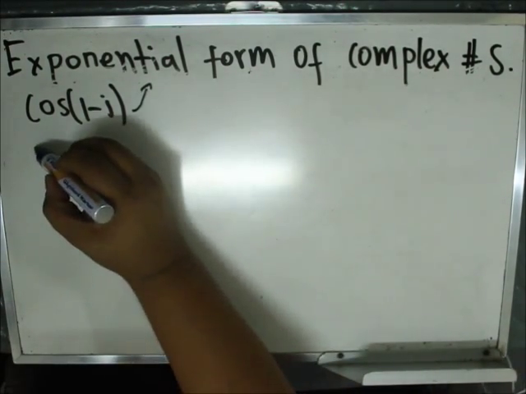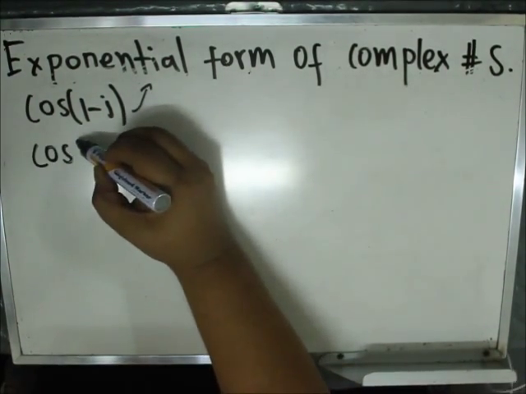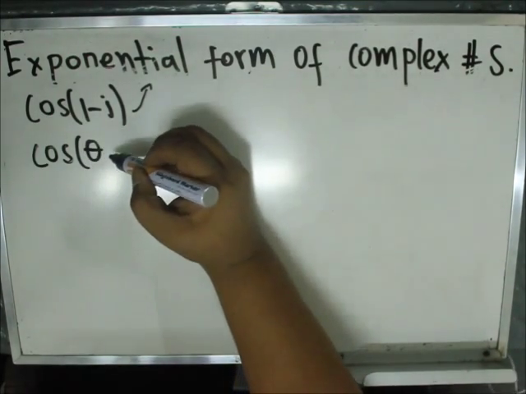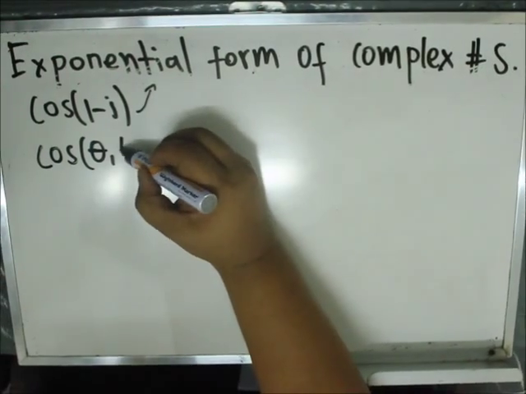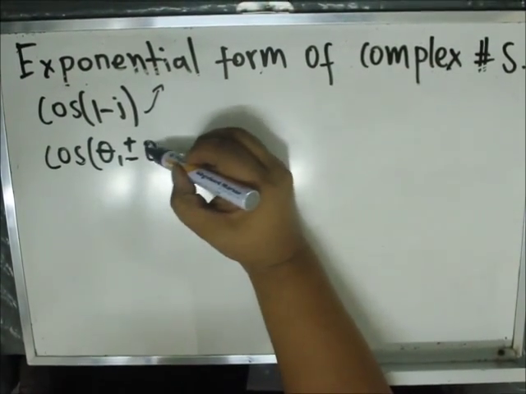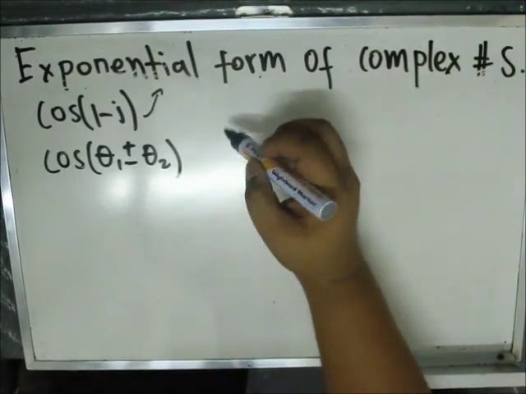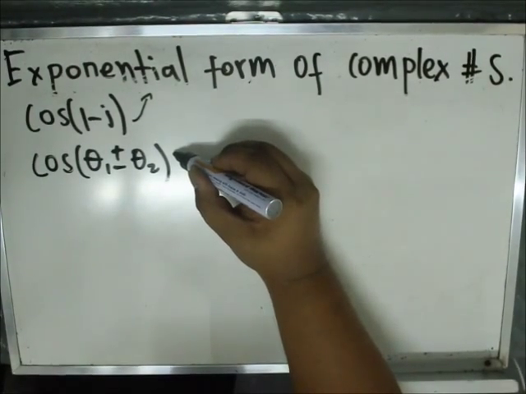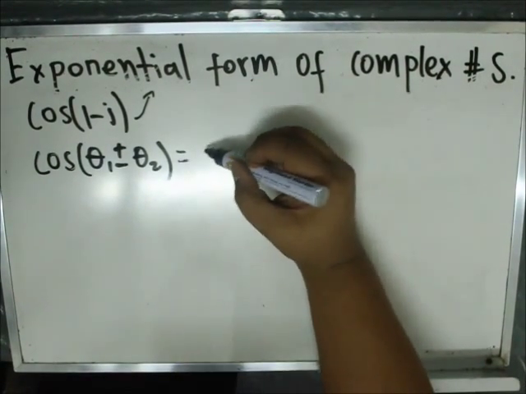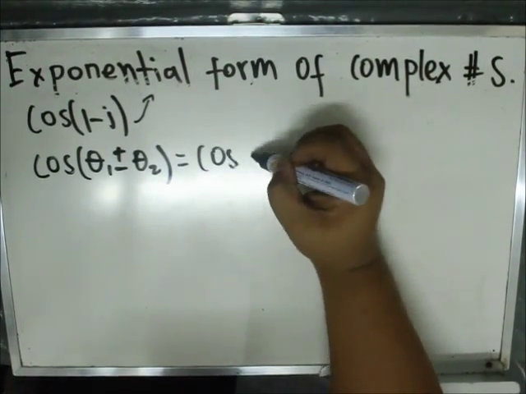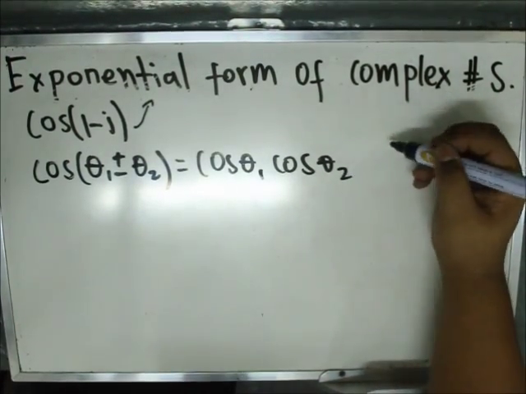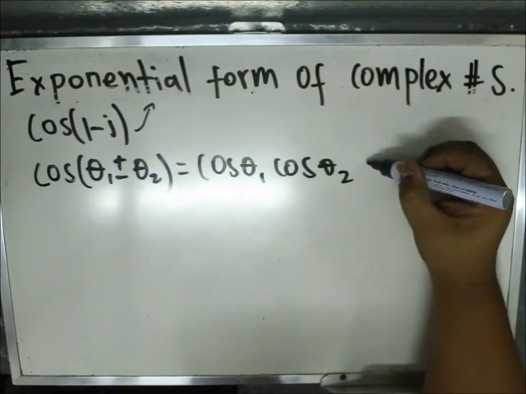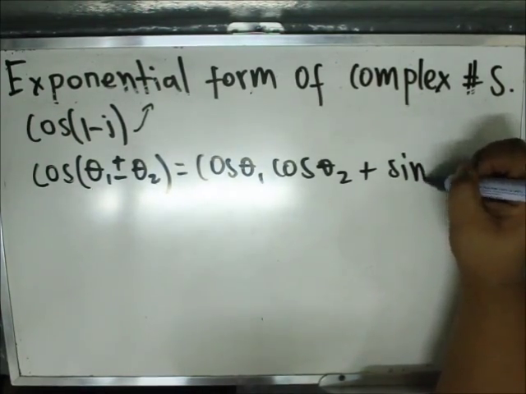Now, cos of 1 minus j has a type of identity in trigonometric functions. It is the sum and difference of two angles. This is cos of theta 1 plus or minus theta 2 is equal to cos theta 1 times cos theta 2 minus or plus sin theta 1 sin theta 2.